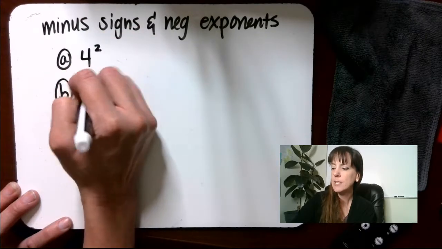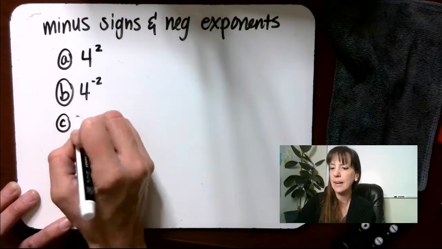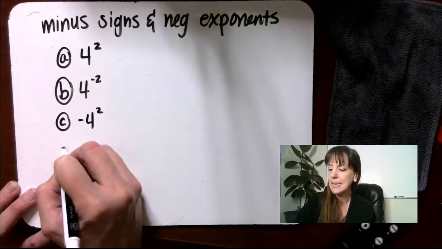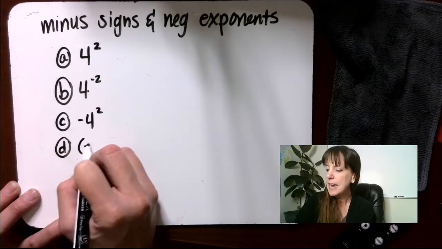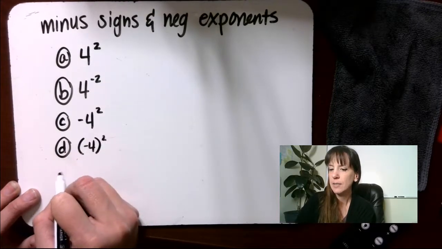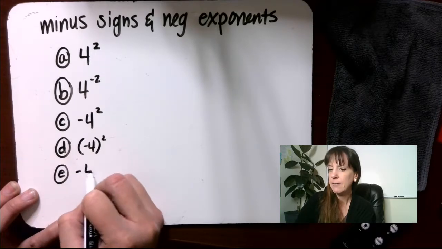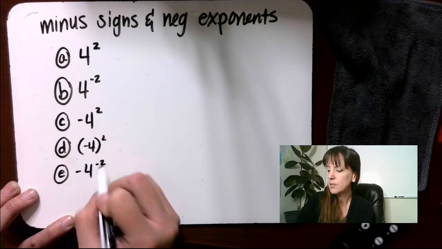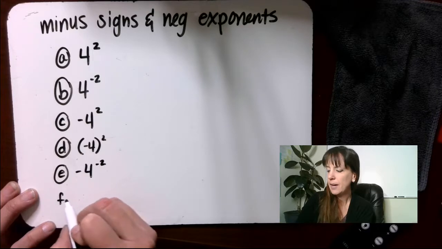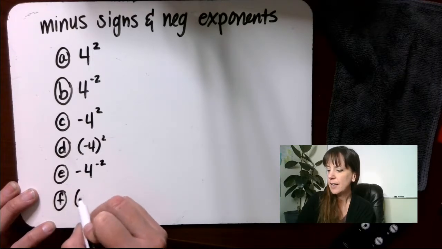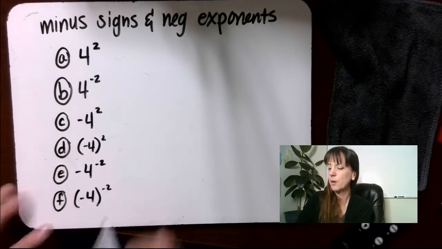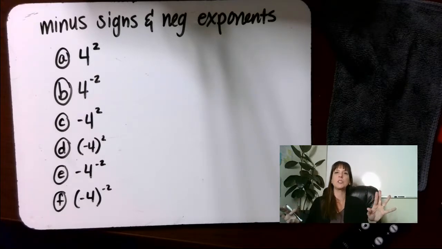B, I have 4 to the negative 2. C, I have negative 4 squared. D, I have negative 4 squared. E, I have negative 4, negative 2. F, I have negative 4, negative 2. Okay, so this is all the variations that we can have on negative exponents and negative bases, right?